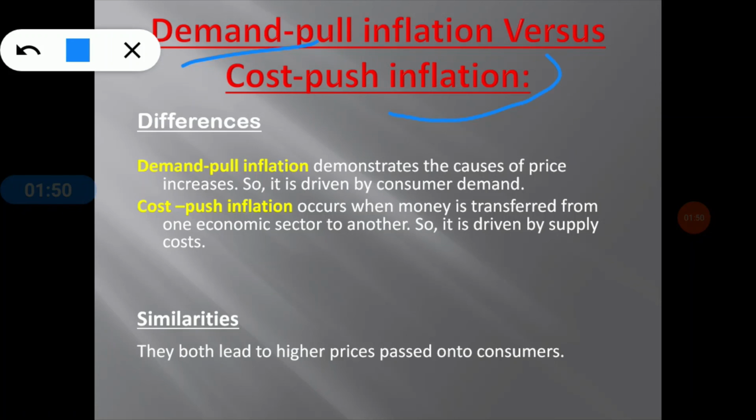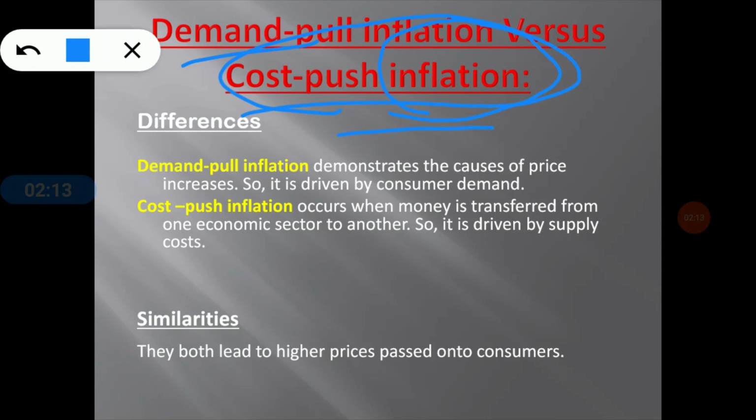And cost push inflation originates from the increase in the cost of production. That's why it is known as cost push inflation. Basically, cost push inflation is related to the supply side, and demand pull inflation is related to the demand side, and that is the basic difference between the two types of inflation.